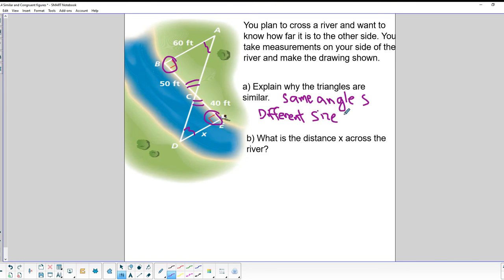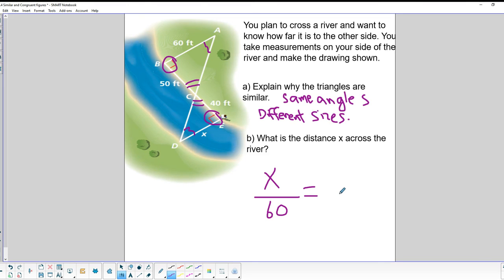Okay, so the question that remains then, what is the distance x across the river? So I'm going to write down what I'm looking for. I'm looking for x, and it corresponds to the side on the other triangle of 60. So this length and this length are in the corresponding positions. And we know this has to equal the other two side lengths in a proportion.